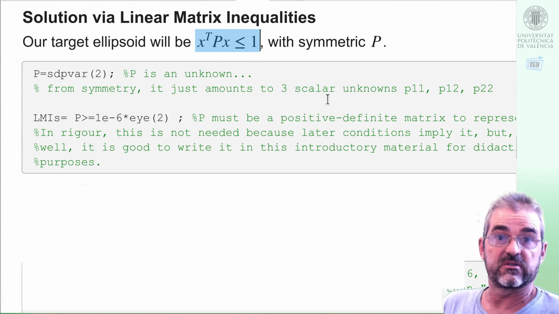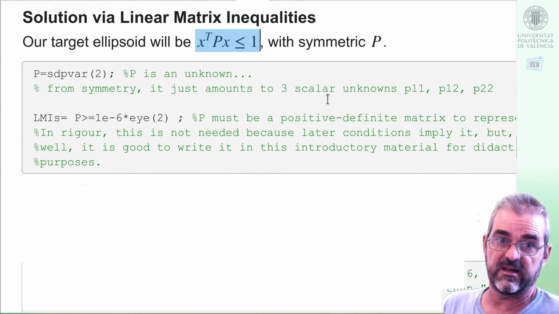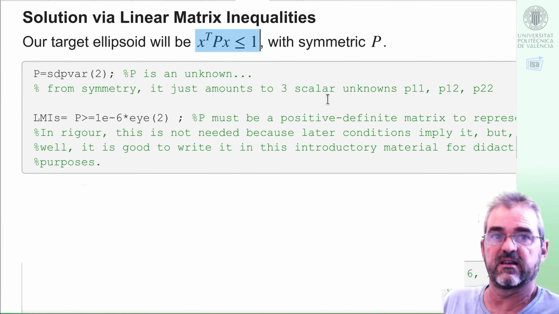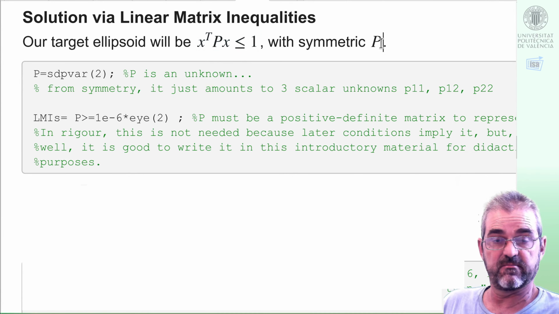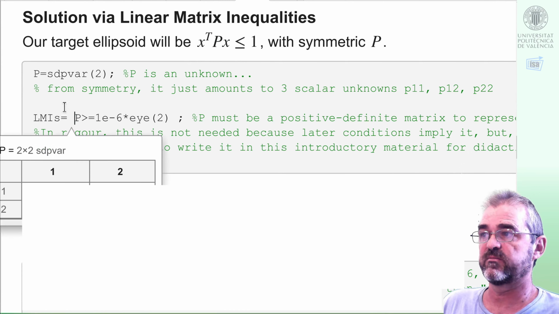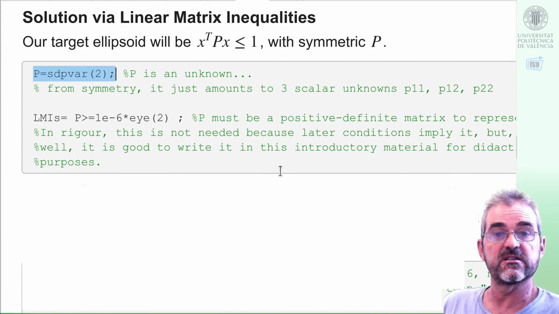Well, our target ellipsoid, well, ellipse, we are in 2D, but this can generalize to higher dimensions. We'll have an ellipsoid with a symmetric matrix P, and we will define that as a decision variable in Yalmip with the sdpvar command.